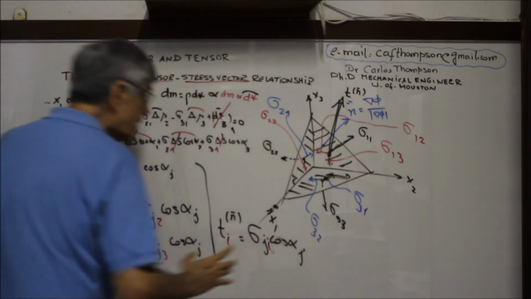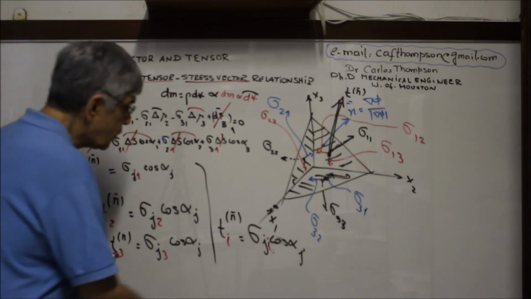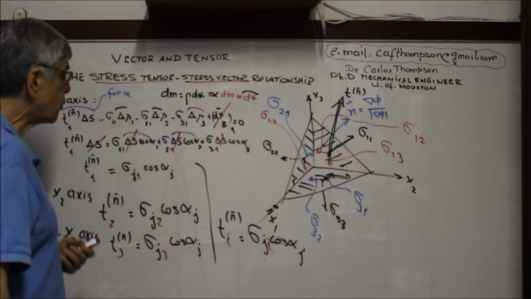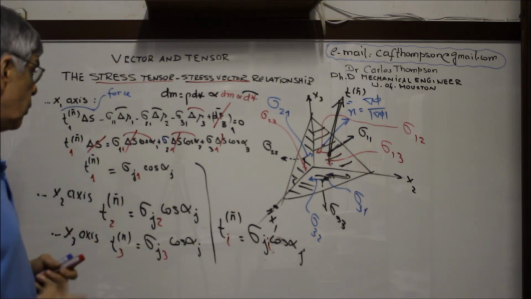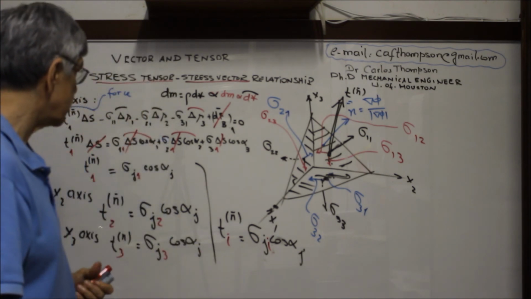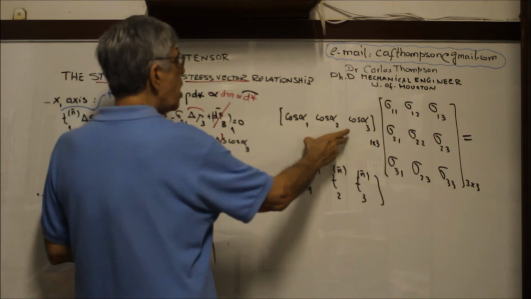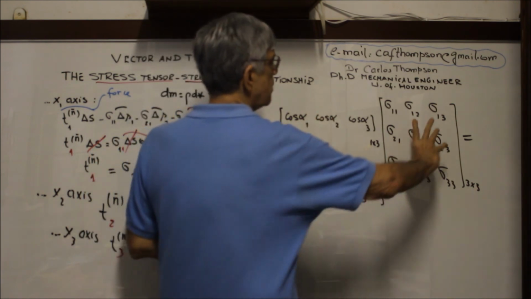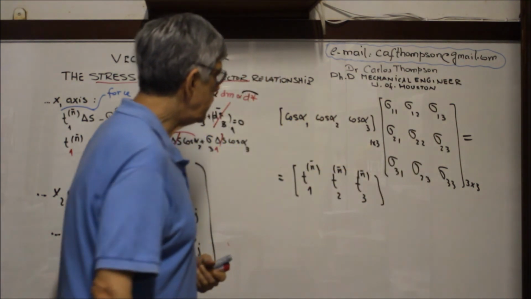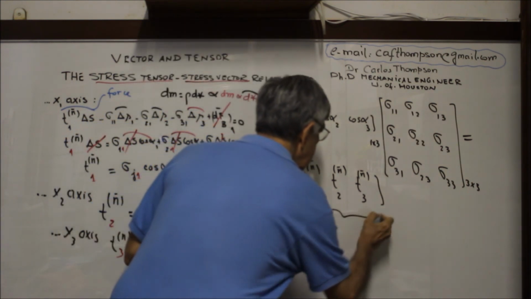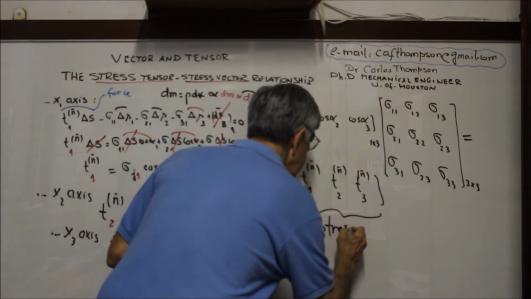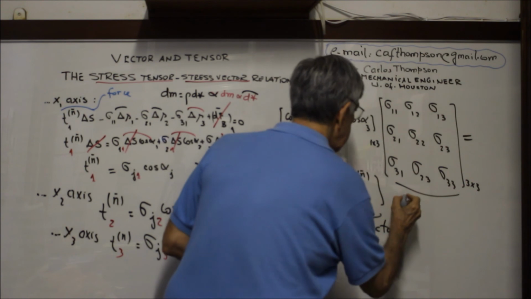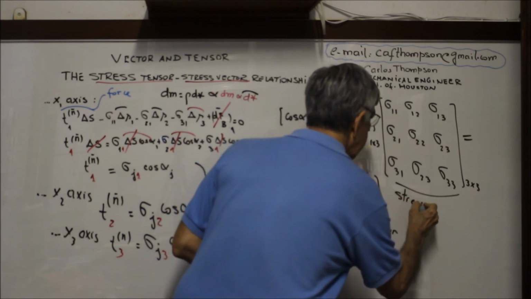Now attention, cosine is dimensionless, so sigma ji is force divided by area, and the stress vector is force divided by area. Also we can represent this as a matrix: the product of this row matrix times this matrix over here is the stress vector. This here is the stress tensor.